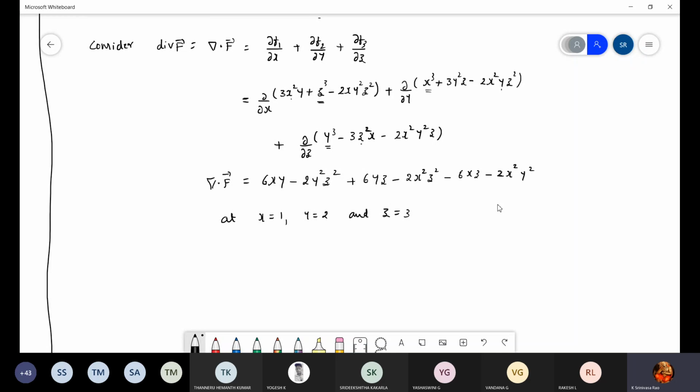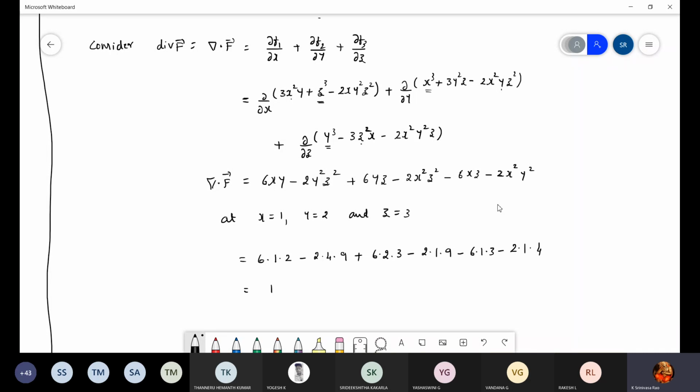So take one more step of substitution like this: 6 times x is 1 into y is 2, minus 2 times y square is 4 into z square is 9, plus 6 times y is 2 into z is 3, minus 2 into x square is 1 into z square is 9, minus 6 times xz, x is 1 and z is 3, minus 2 times x square is 1 into y square, 2 square is 4.